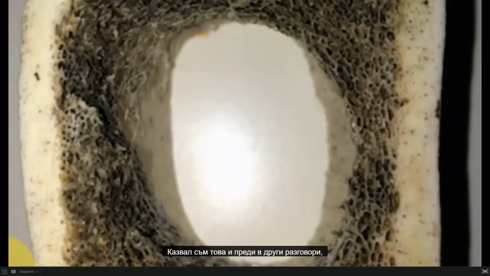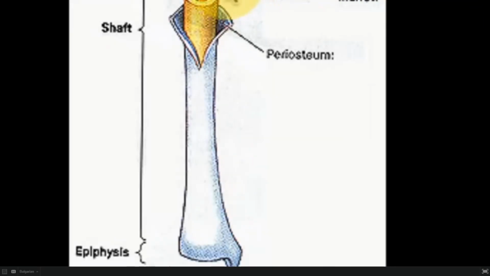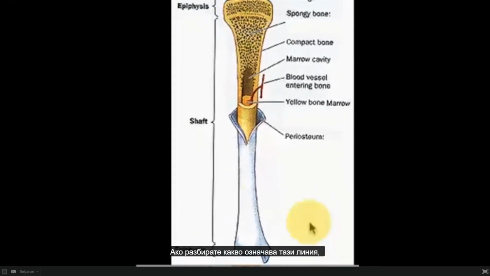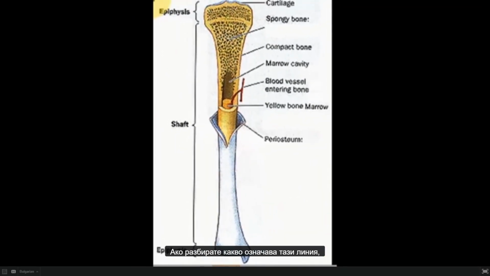I've said this before in different talks. Elia showed a bone and it shows the gravitational line from the hip down to the knee. If you understand what this line of contact means, you will understand why your body creates a bone with a high density in certain places and then soft inside.